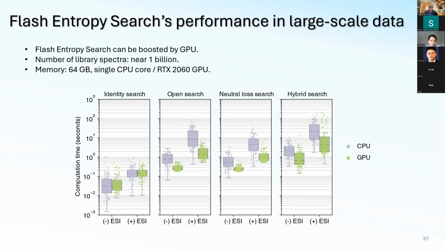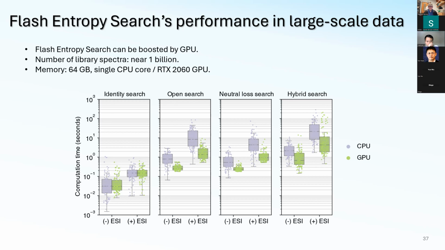For example, here we downloaded all of the 1 billion spectra from the public repository. Then we searched them on a computer with only 64 gigabytes of memory. The whole data, if you consider all of the open search, neutral loss search, and hybrid search, needs a size of nearly 1 terabyte. But we can do the search with a computer that only has 64 gigabytes.